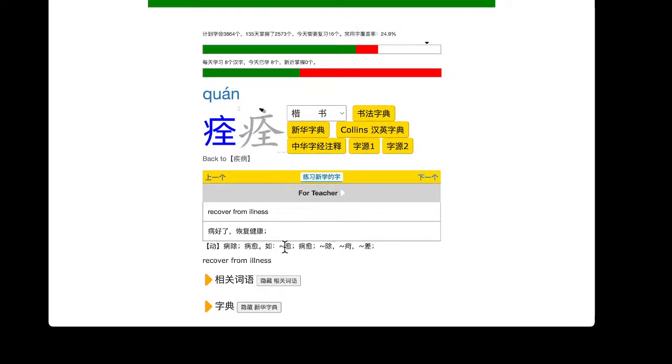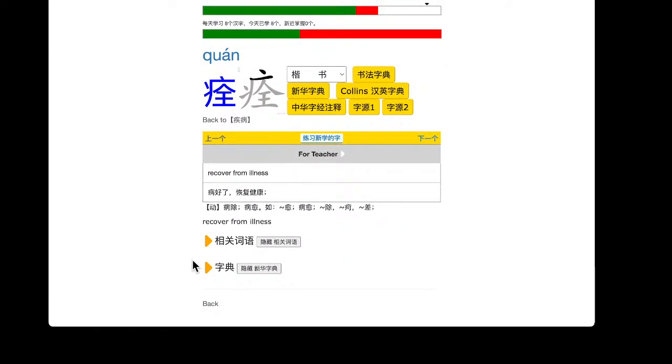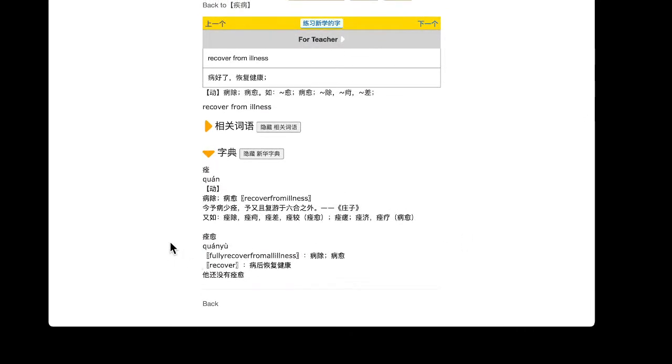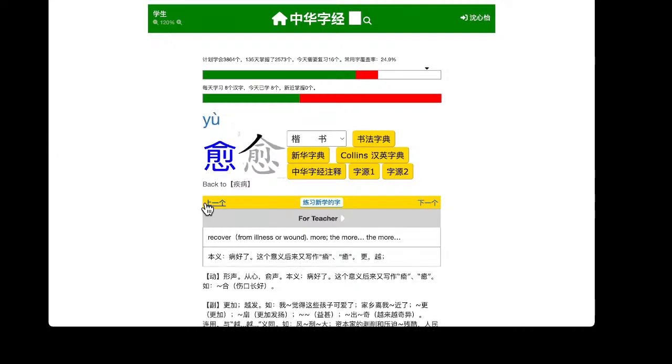Here you see used together with 愈, 痊愈. Or here in the passage it's 愈全. But same thing, recovering from illness. 痊愈. I guess this says here 痊愈, 全, it says recovering from an illness. But with 愈, it could be an illness or an injury.